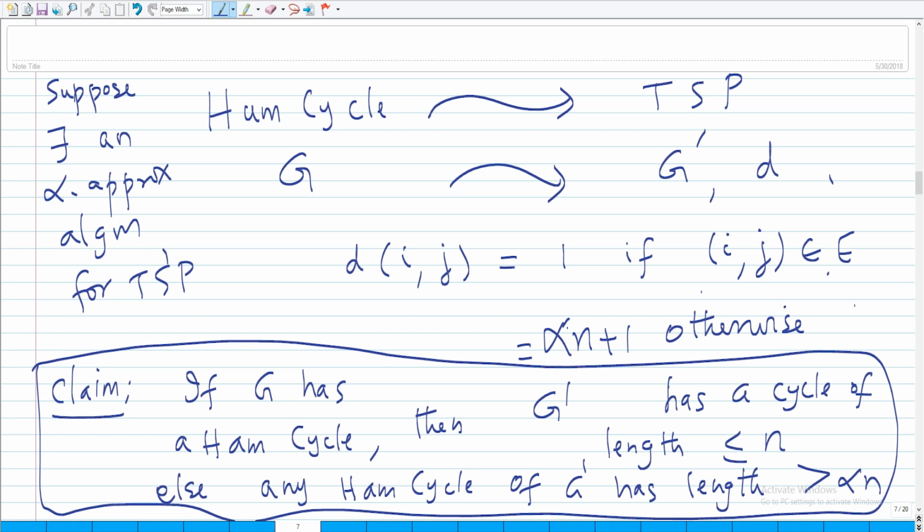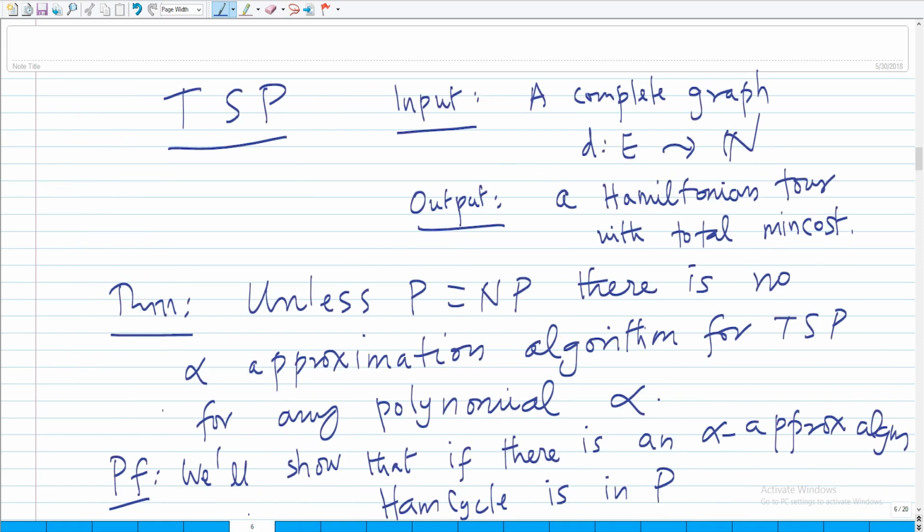Okay. So, that shows the proof of this, that an alpha approximation algorithm for TSP can be used to solve the existence of a Hamiltonian cycle in a graph. So, what does that mean? That any approximation algorithm is ruled out for TSP.